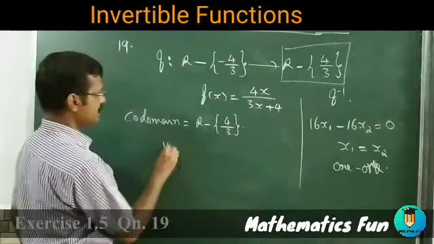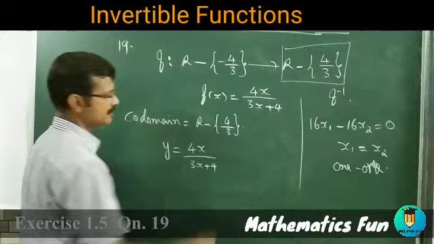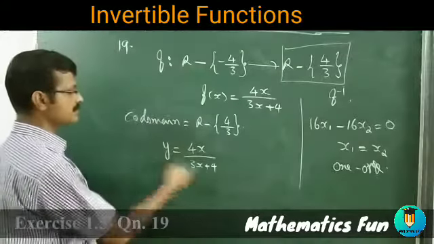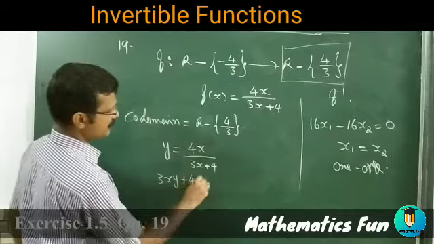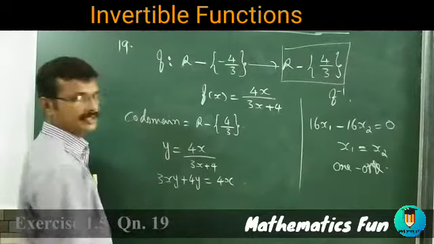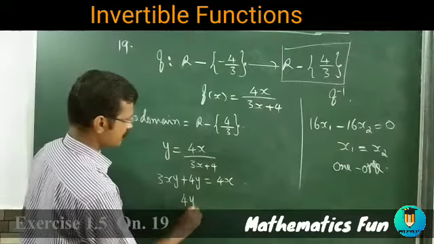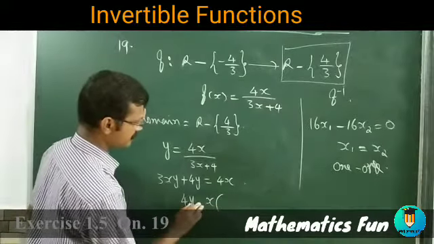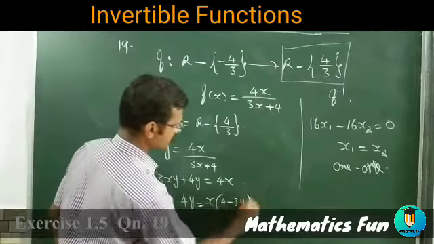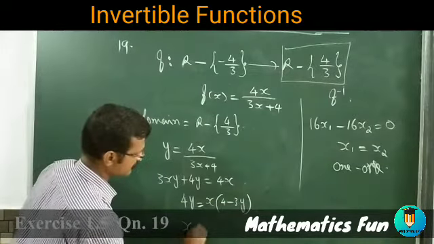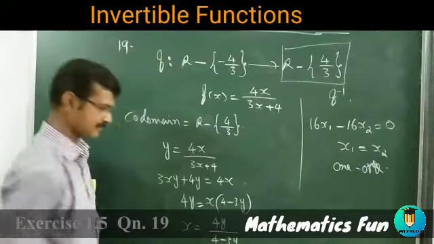Now I am finding the corresponding y values from 4x by 3x plus 4, that is y. Cross multiply: 3xy plus 4y is equal to 4x. I am making x the subject. So 4y is equal to x times 4 minus 3y. From this, x is equal to 4y by 4 minus 3y.